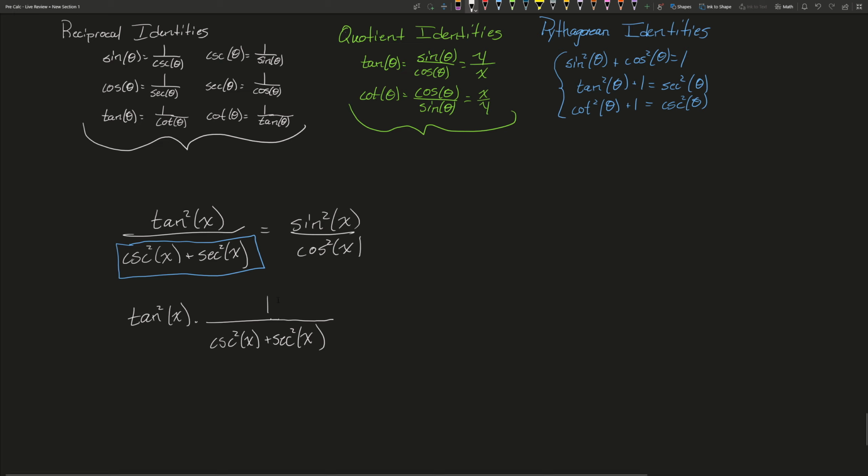And then once we get there, so we have tan squared of x times 1 over cosecant squared plus secant squared.